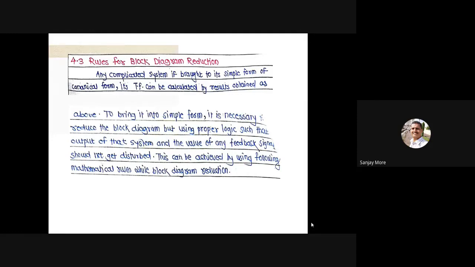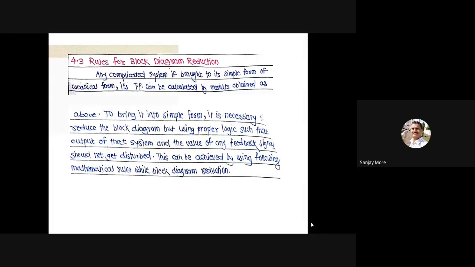Why are blocks in a block diagram reduced? For better understanding, because complicated concepts get mixed together, so we use fewer blocks.